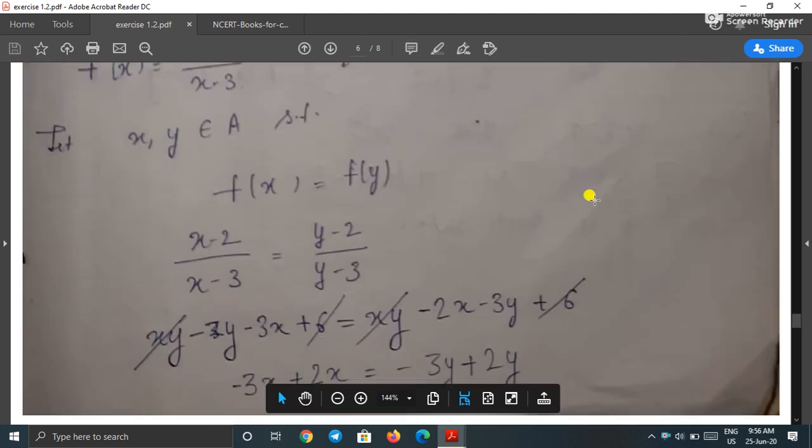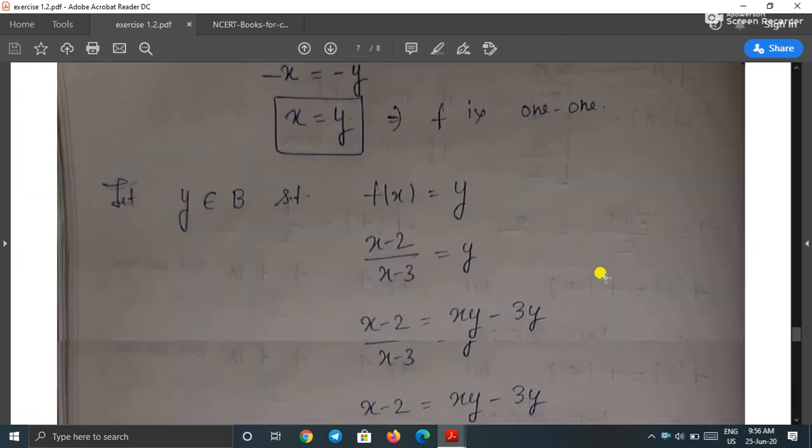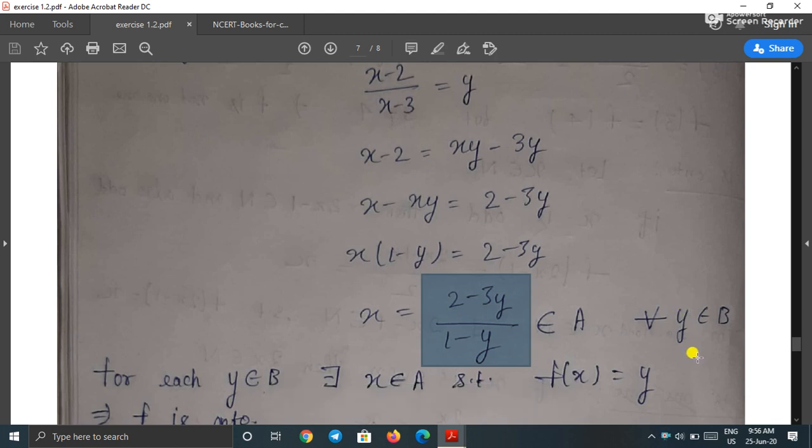And if we include 1 in V, then this value becomes infinite. Okay, so for this value to be finite, y must be not equal to 1. This is the reason we excluded 1 from the codomain.